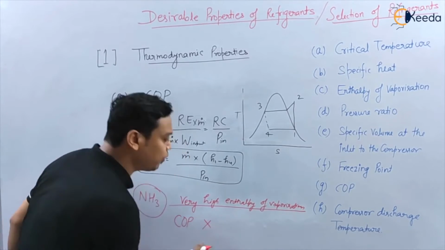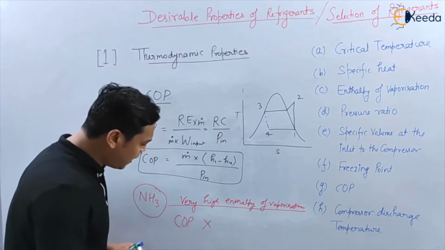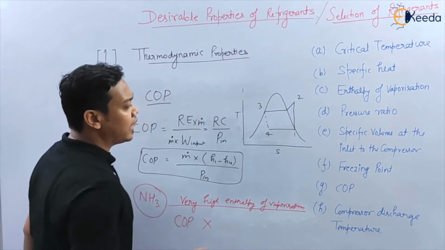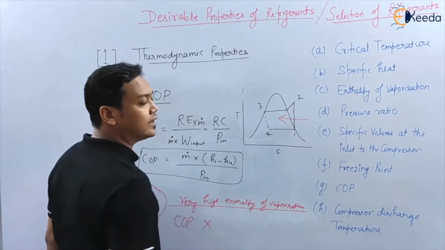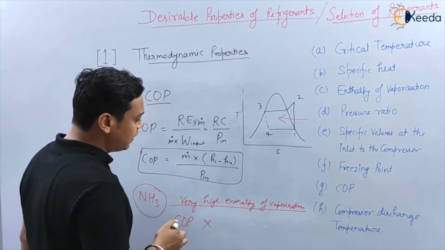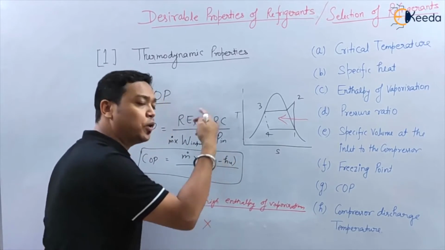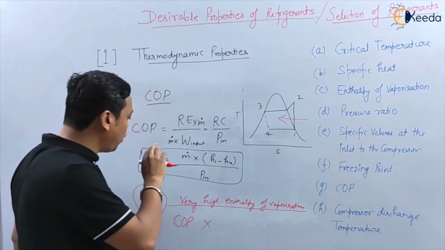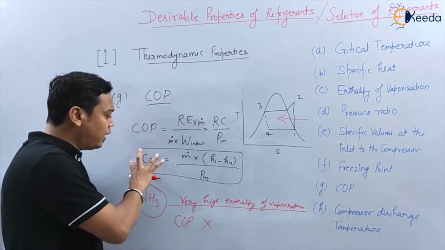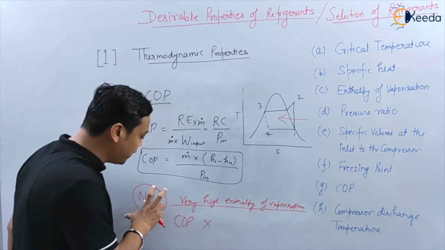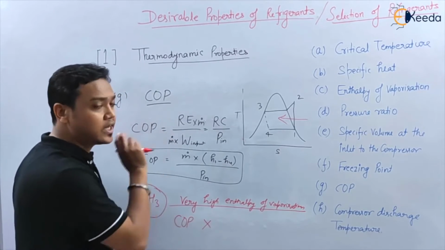Because if I am using ammonia in this system, then work input to the compressor will be very high. So if work input is very high and enthalpy of vaporization is very high, we cannot predict whether the COP is high or low. So ammonia is the exception for this case.